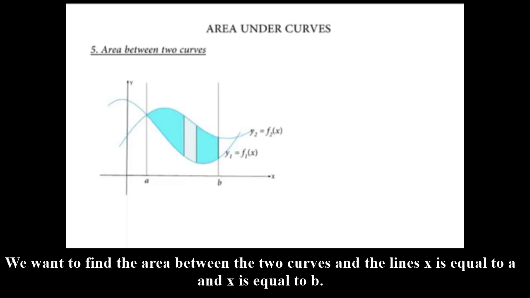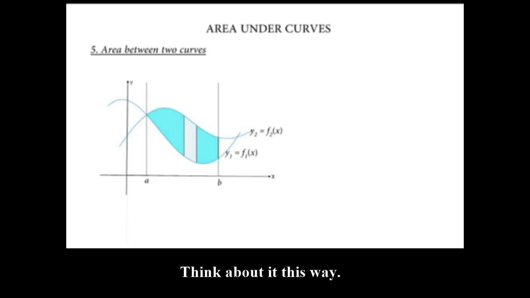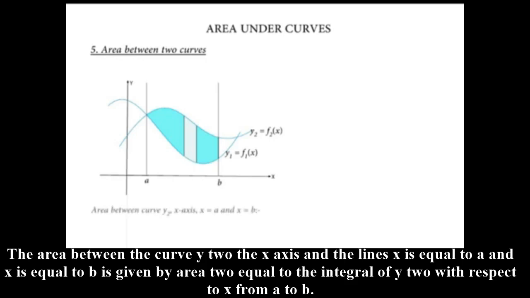We want to find the area between the two curves and the lines x is equal to a and x is equal to b. Think about it this way. The area between the curve y2, the x-axis and the lines x is equal to a and x is equal to b is given by area 2 equal to the integral of y2 with respect to x from a to b.